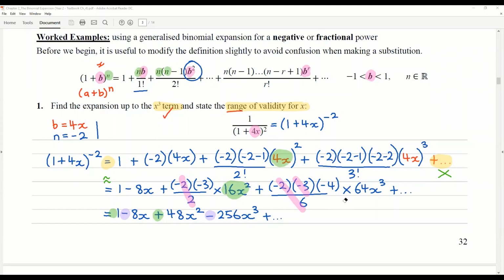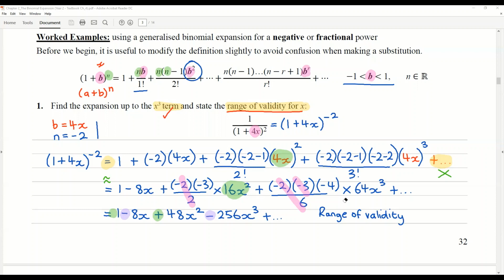Now we just have to find the range of validity. Well, the range of validity, which I'll write down at the bottom. I hope you have enough room. We go back to the definition. And it just means which values of x are we allowed to substitute into this. It's not simply just anything between -1 and 1. If you go back to the definition, remember where I replaced the x from the original definition, it's now replaced with b.